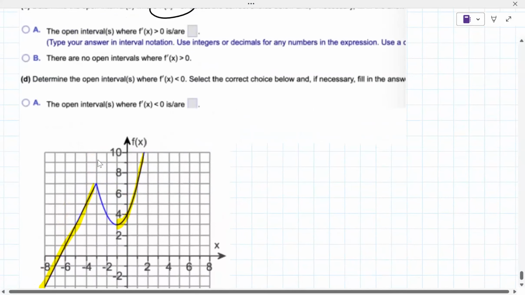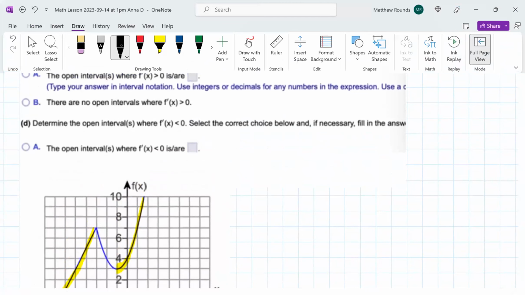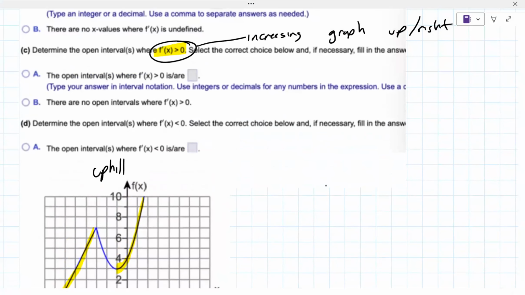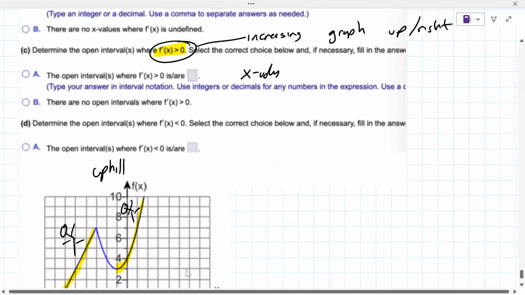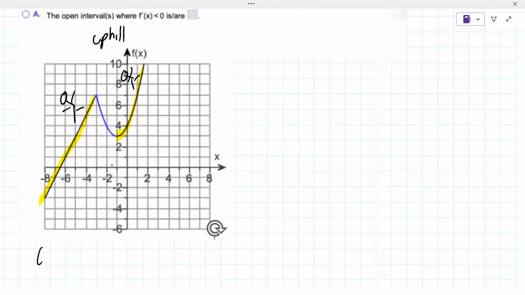Do you hike? You ever been on a hike? Okay, so this is where you're going uphill. Increasing is going uphill. If you need to, you can draw a little stick figure. I'm going uphill. Again, it's the X values. You care about the X values, not the Y values. X, X, X. So this one is increasing from -infinity to -3.